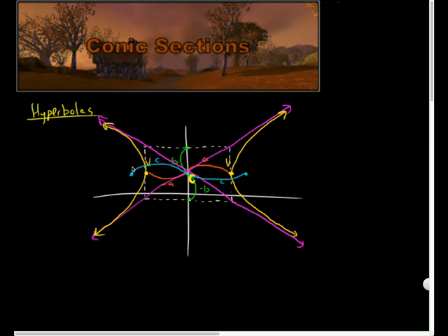Little c is a single number. So there are my two foci, and this would be negative c over here technically. The foci are not on the graph, but they're used in constructing the graph.